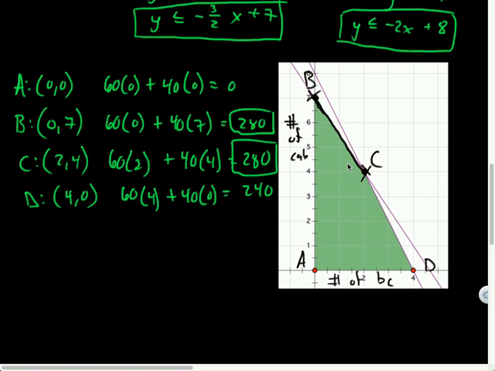Now, so if you went to the company manager and had these 2 solutions, why would you prefer B over C or C over B? Is there any other benefit that you could see to one than the other? You wouldn't have to pay somebody to make bookcases, you could just pay somebody to make cabinets.